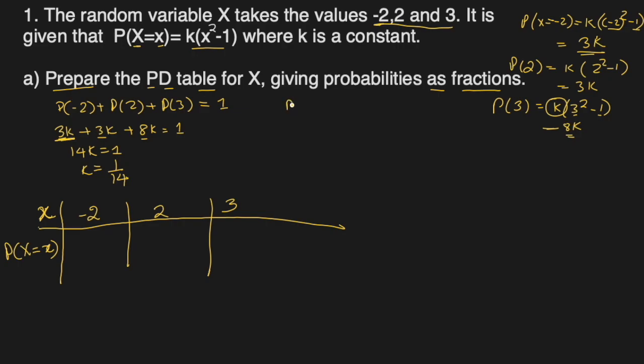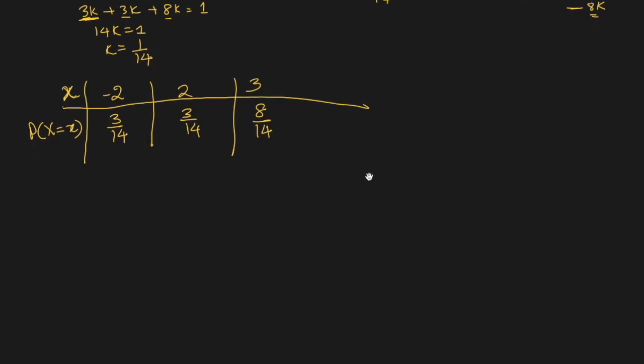So the probability of -2 will become 3 times k. k is 1 over 14, so it becomes 3 over 14. Similarly, for 2 it is also 3k, so 3 over 14. For 3 it is 8k, 8 over 14. This is the table they are asking for. Okay, let's see what is the next part.